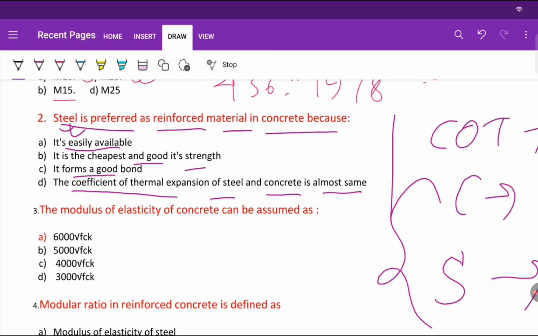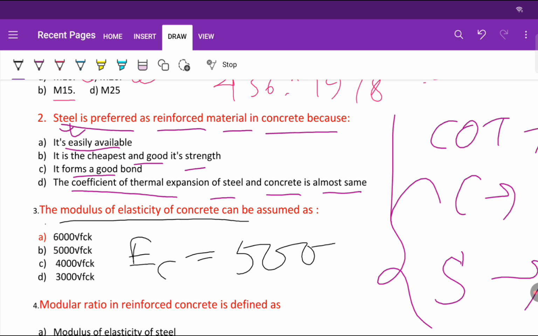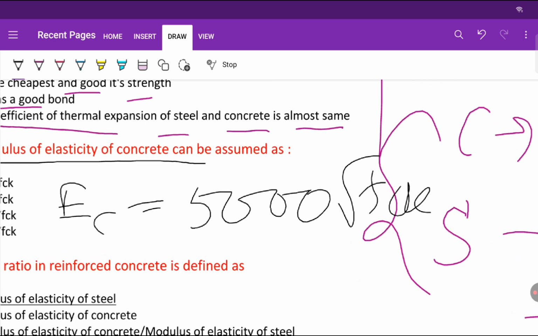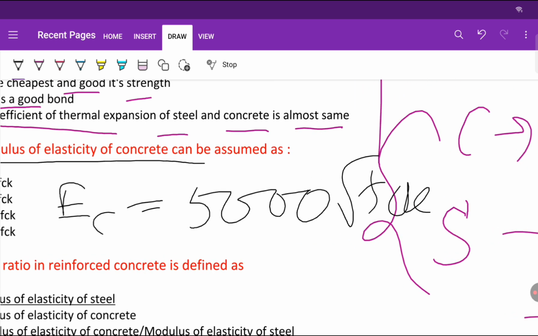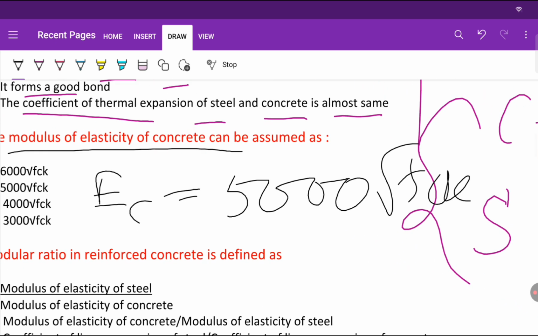The modulus of elasticity of concrete can be assumed as, so modulus of elasticity is denoted by E, right, of concrete. So modulus of elasticity of concrete is 5000 root of fck as per IS 456-2000, but according to the earlier IS 456 1978, 5700 was there.